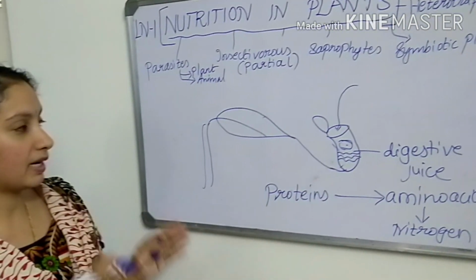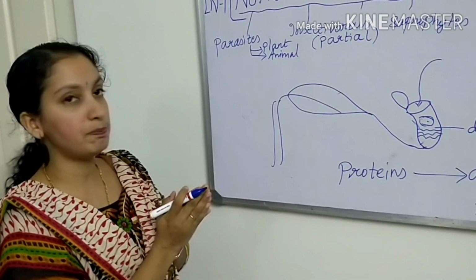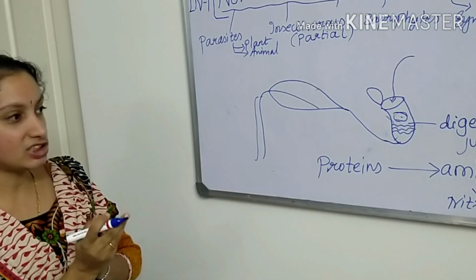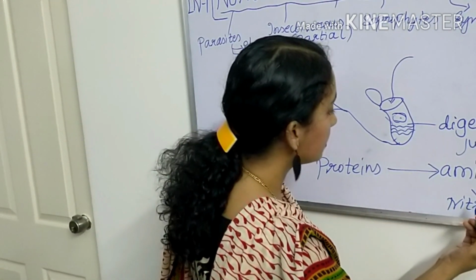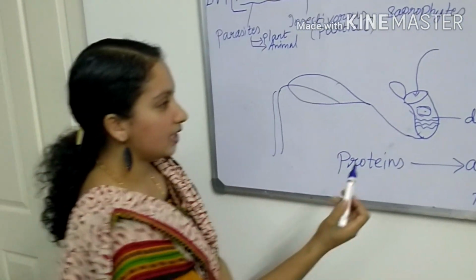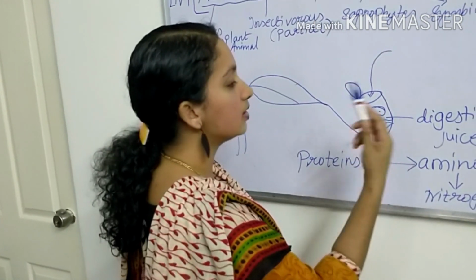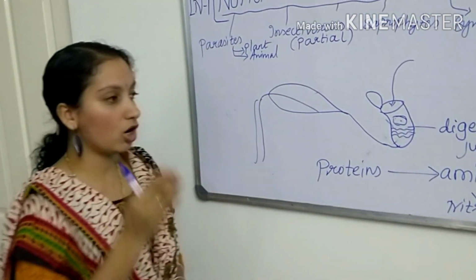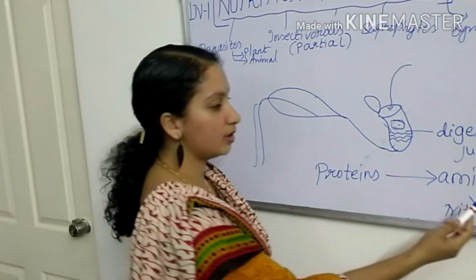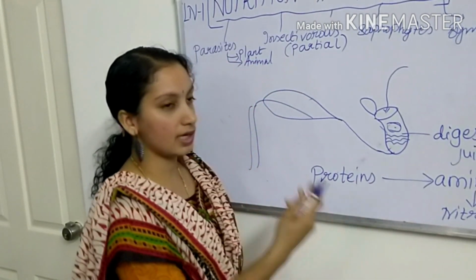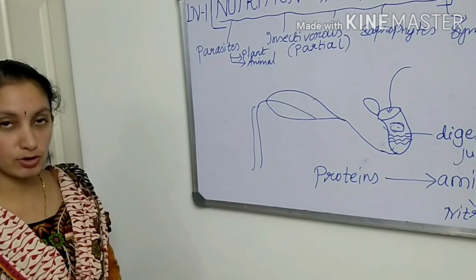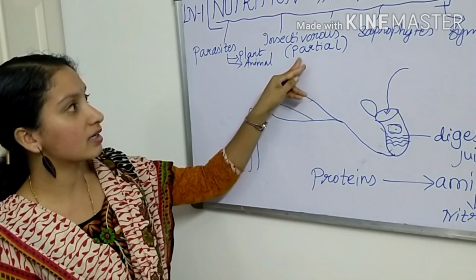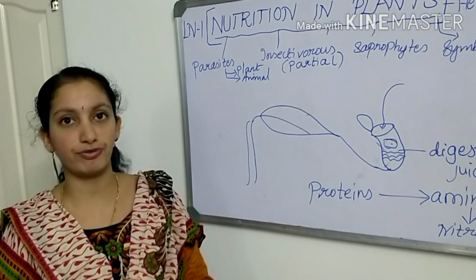So what is the purpose of doing this by a pitcher plant having insectivorous mode of nutrition? This insectivorous plant is trapping the insect and releasing the digestive juice by its wall, which is degrading the proteins into amino acids, and from amino acids again the degradation to nitrogen. So nitrogen is released. That means the insectivorous plants are partial heterotrophic.